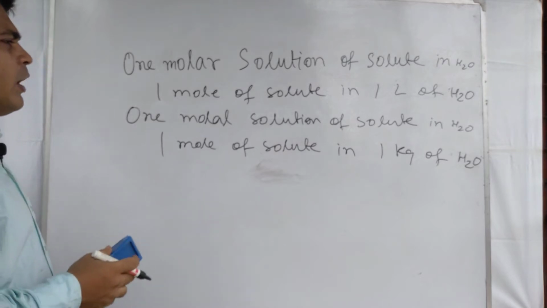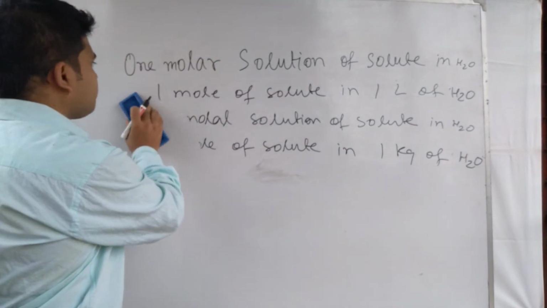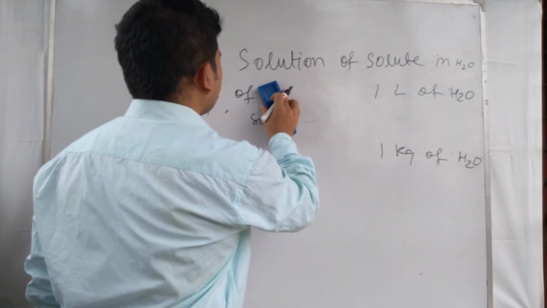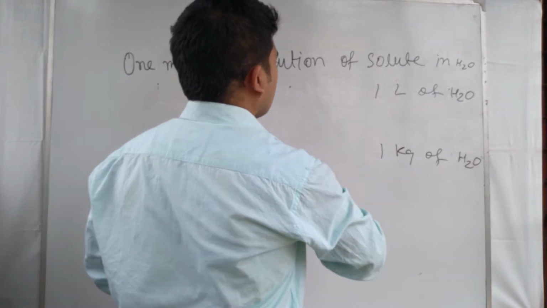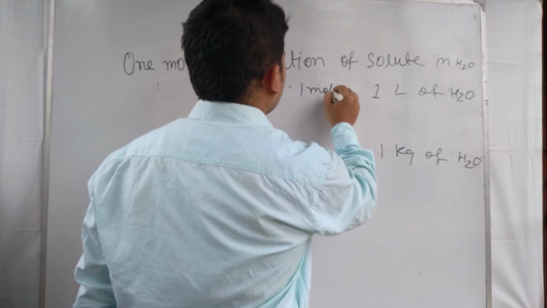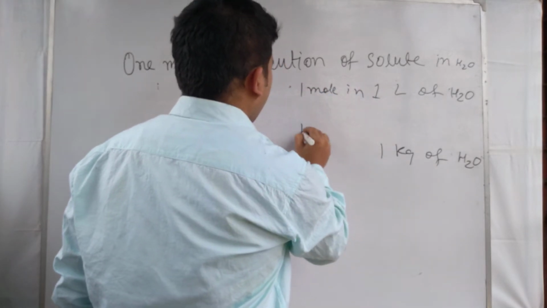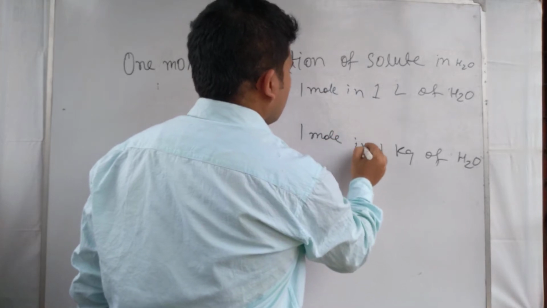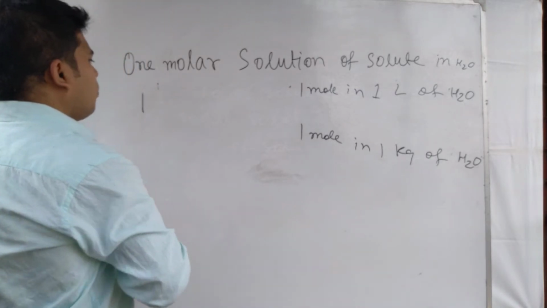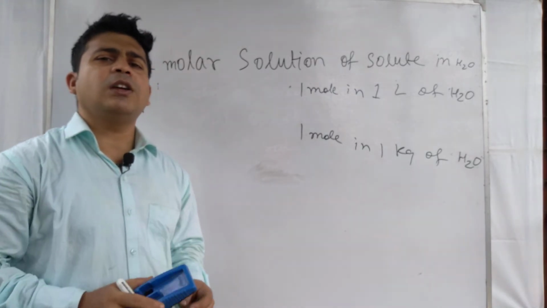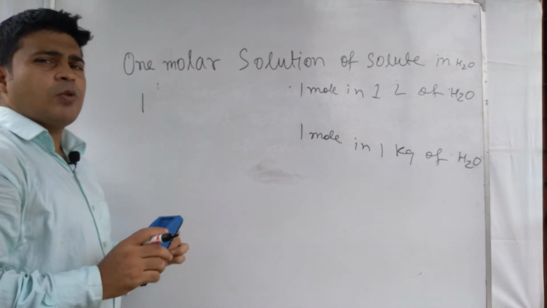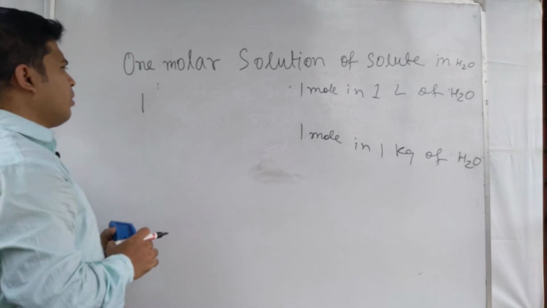Then I would like to erase these points so we can write it in simple form: 1 mole in 1 liter, and 1 mole in 1 kg of H2O. And the density of water at room temperature is slightly lower than 1.